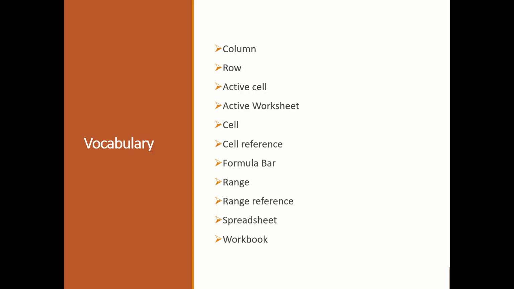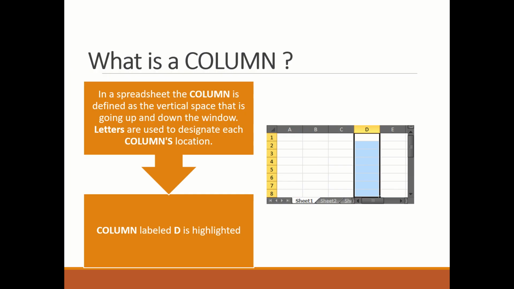Next, vocabulary while working on MS Excel. This is the vocabulary which we would be using very often. That is column, row, active cell, active worksheet, cell reference, formula bar, range reference, spreadsheet, and workbook. So here you may ask me what is the difference between spreadsheet and workbook.